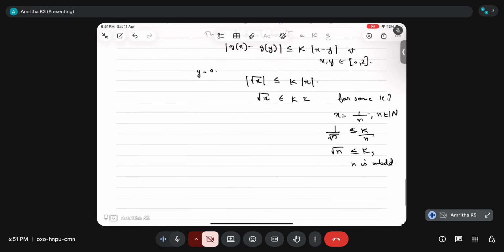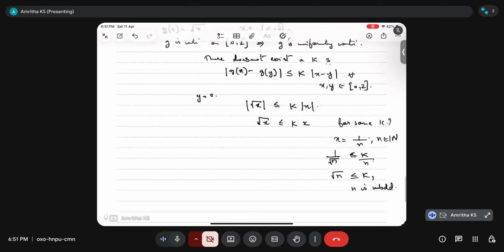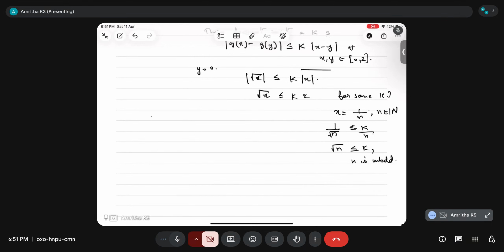So that means there does not exist a k such that this holds. So this implies that this g is not Lipschitz.